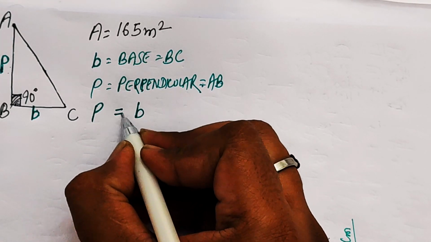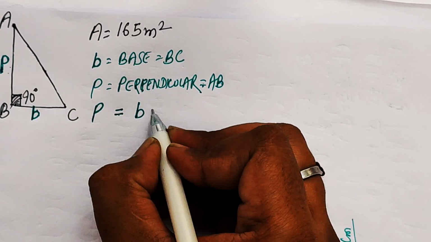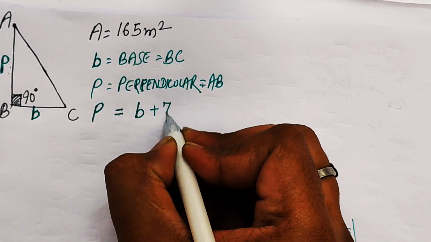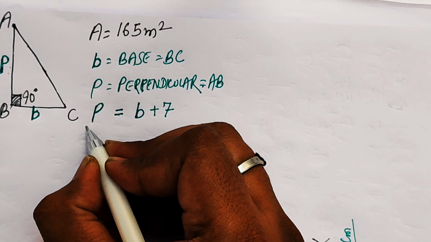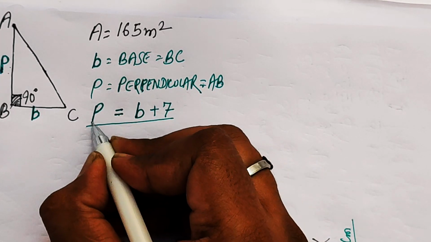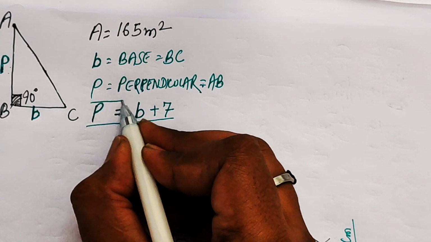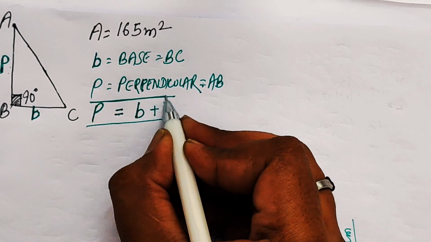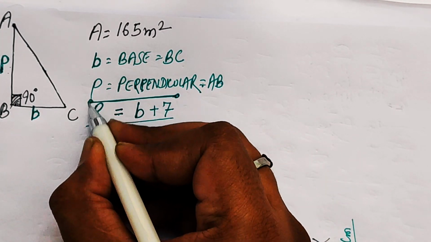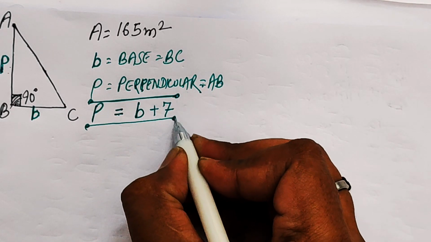That means if perpendicular is there and base is there, then this perpendicular is 7 more. So just to equate it, we need to add 7 to the base. Then only this equation will be valid, and P will be equal to base plus 7. So just make sure, this relation is given to you in the question.